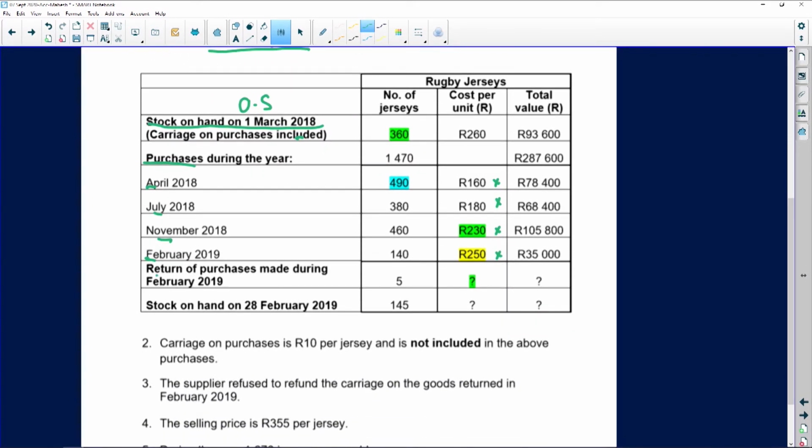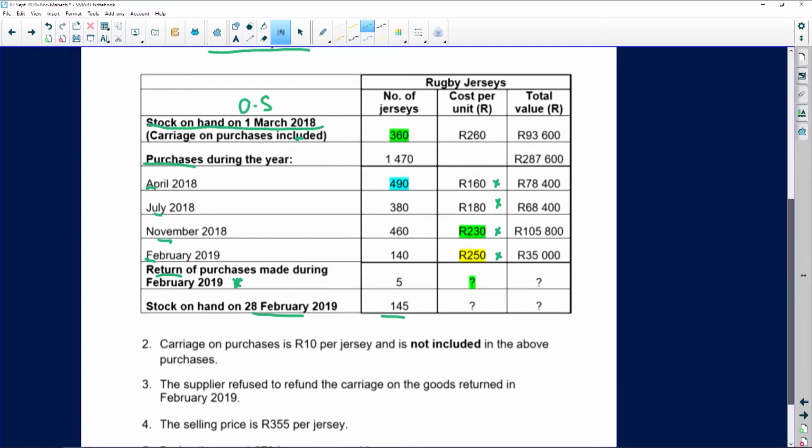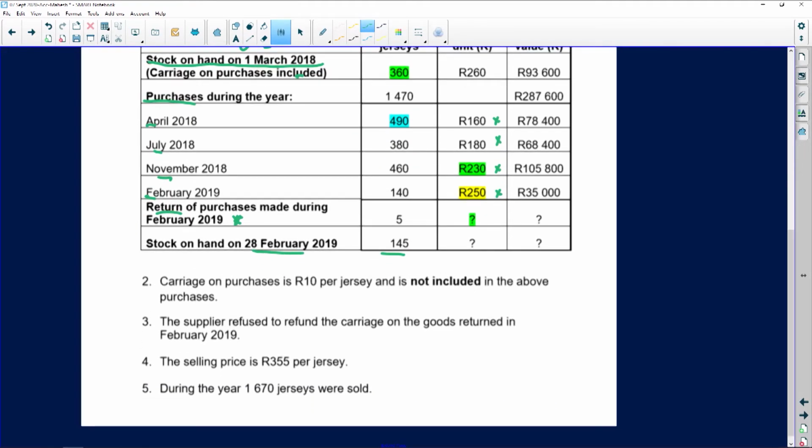Then we've got returns of purchases made during February, so we'll deal with that later on. And then stock on hand on the 28th of Feb, 145 units unsold at the end of the year. And obviously the value is not given because you are expected to calculate that particular value. Then the rest of the information, let's quickly go through it.